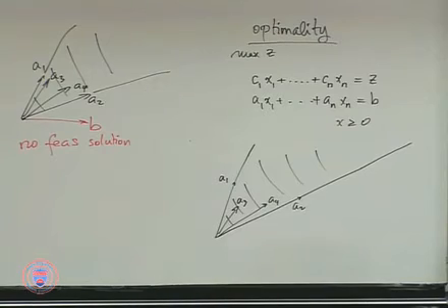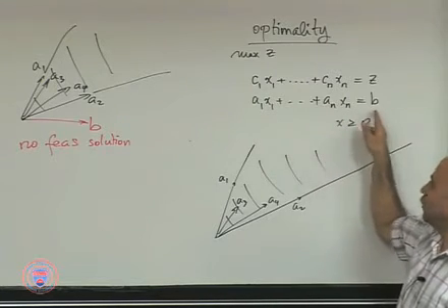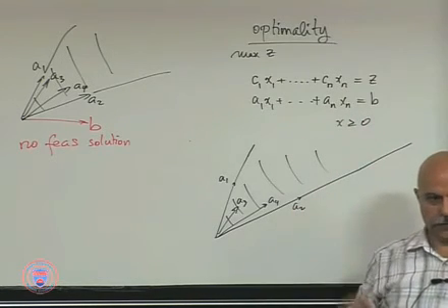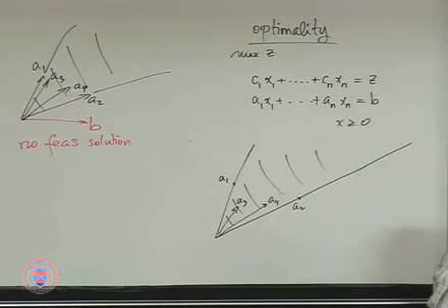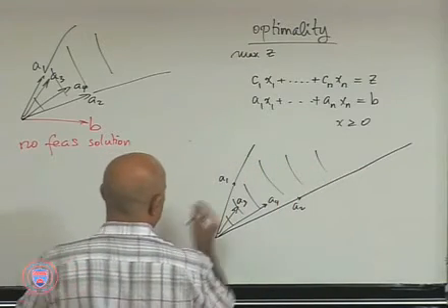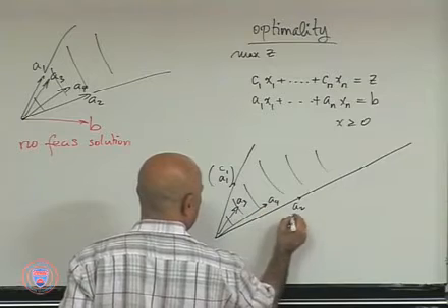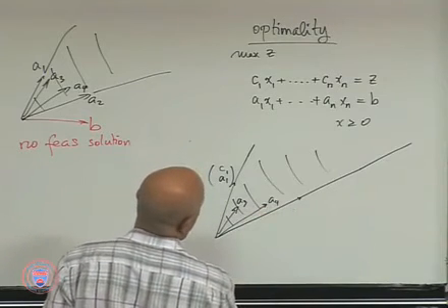Now, I'm assuming in this case A1 through AN and B are one-dimensional, just for the purposes of the picture. Does that make sense? Let me see. Okay, so let's make this the column vector C1, A1. Okay, just a second.